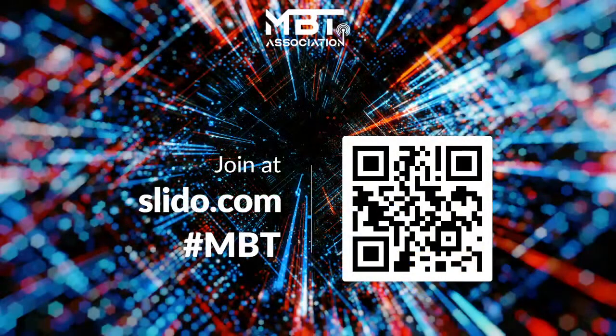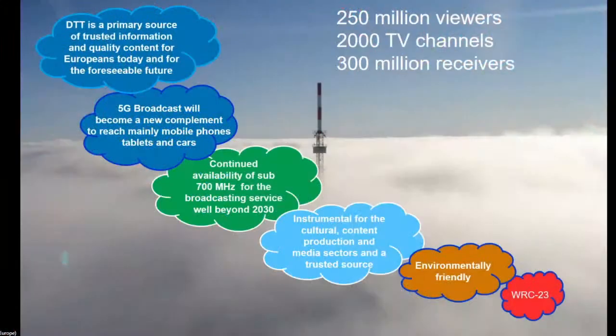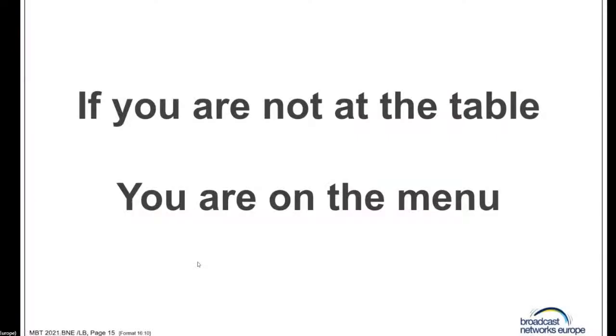It's environmentally friendly, and this is what we want to have from WRC-23. But of course, a very final remark on why we are so active, why we are lobbying, and why we are in all these studies: if you're not at the table, you are on the menu. And that concludes my presentation.